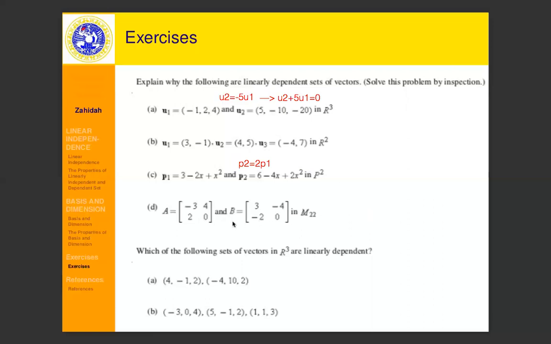This one, B. What do we have here? B equals -10, negative A. Which of the following sets in R3 are linearly dependent? Okay, you have to check it.